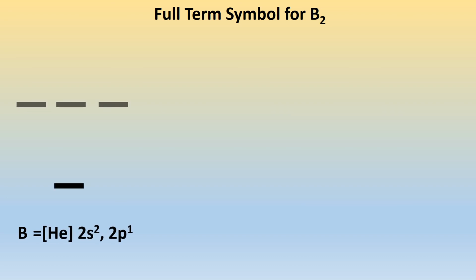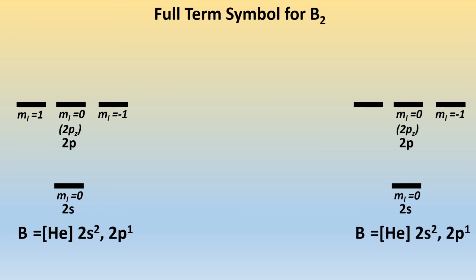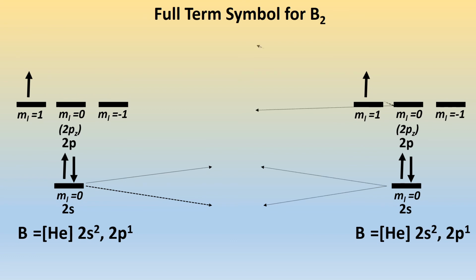We'll take another look at the full term symbol for the molecule B2. We have already done this term symbol, and therefore you will recall that we already know the electron configuration of the two boron atoms involved. We also know that anything with an m sub L of 0 is going to combine to form sigma and sigma star orbitals, both from m sub L equals 0 from the 2s and the 2pz.